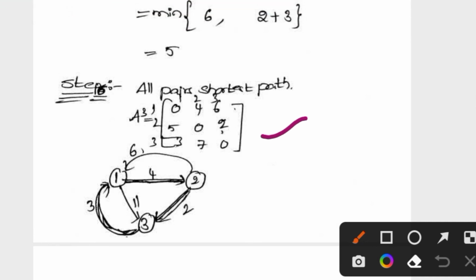In A power 3, first we write the row numbers and column numbers. First 1 comma 1, there is no edge, and 1 comma 2 is there, so that is 4. We have to highlight the path in the graph. Next, 1 comma 3 value should be 6. Now you can see this is 4 plus 2, 2 to 3 is 2, so this is 6.